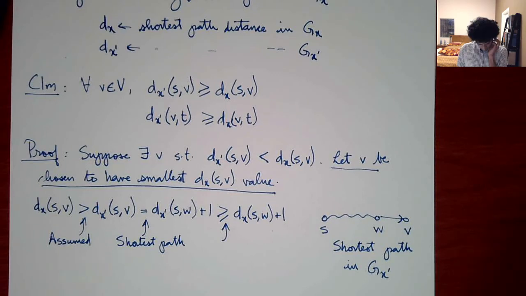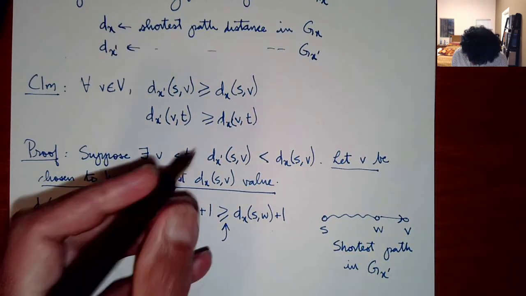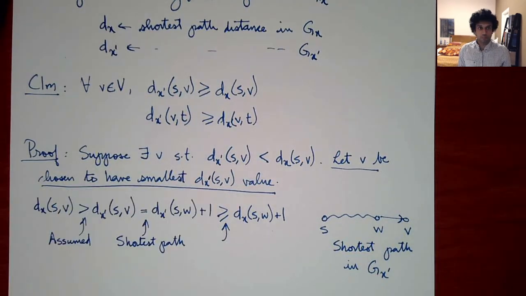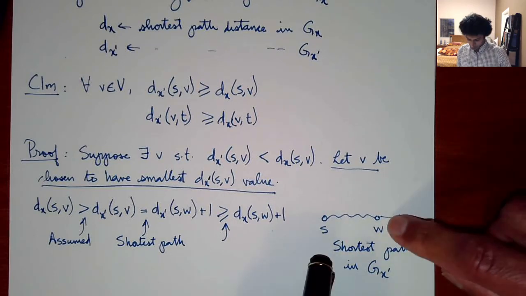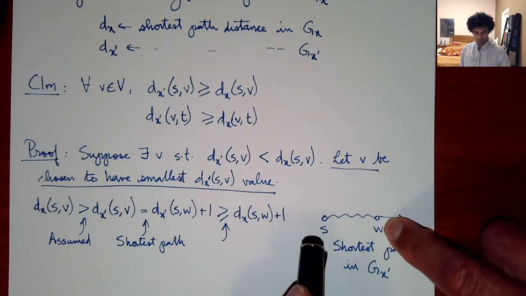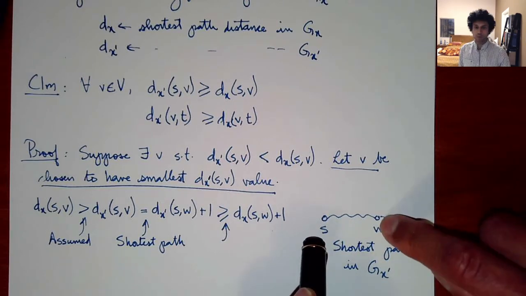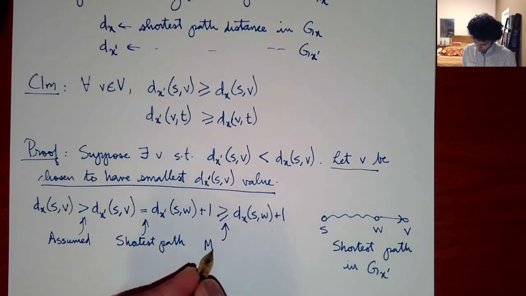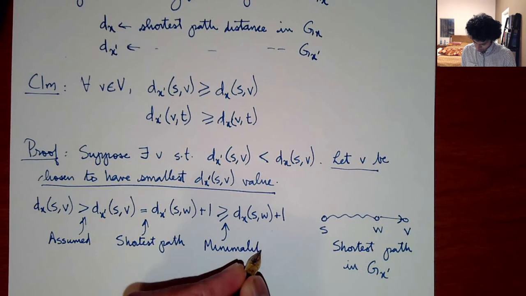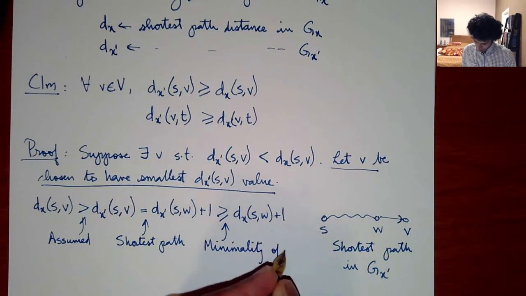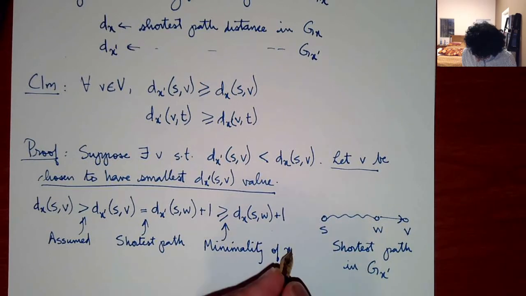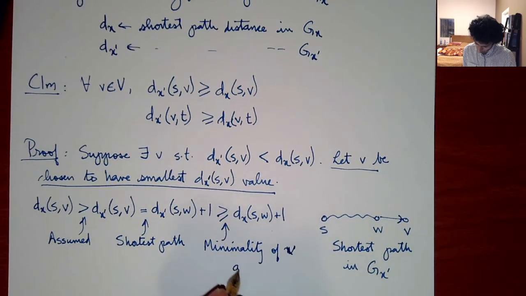Does it make sense? Now this is the smallest counterexample. I chose it to have the smallest d x prime value. So w has a smaller distance in G x prime, and therefore w is not a counterexample. This is the minimality of v as a counterexample.